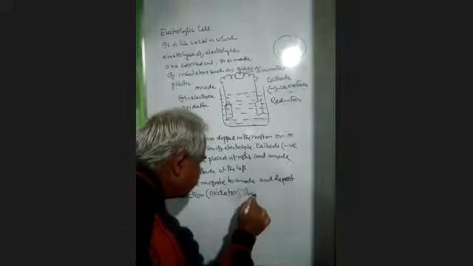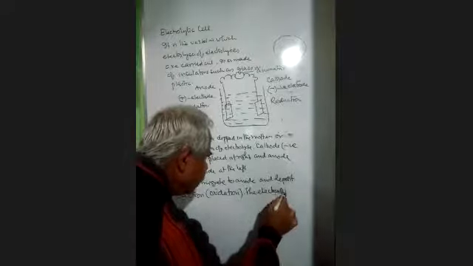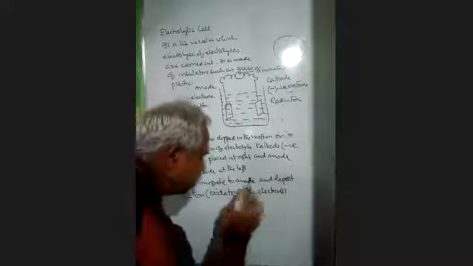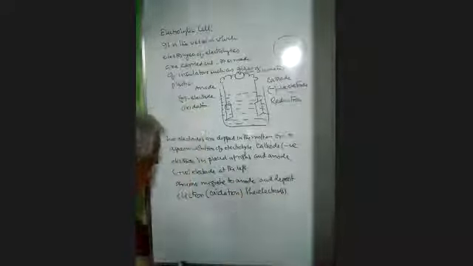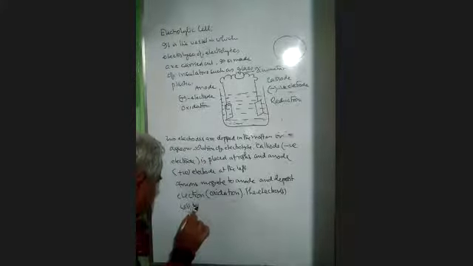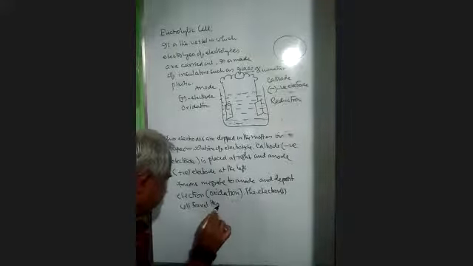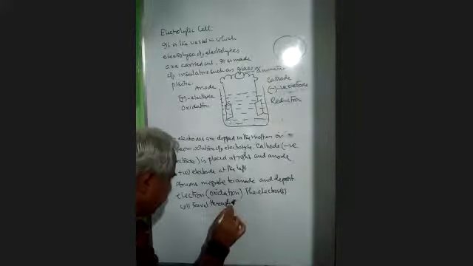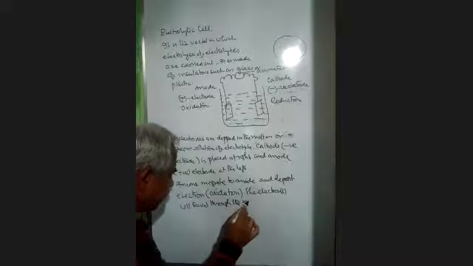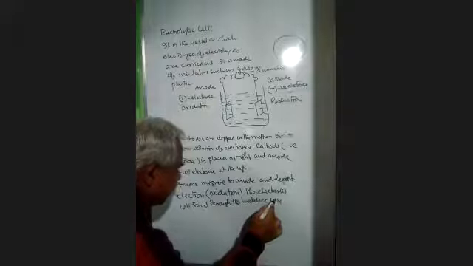The electrons, it will be one or two or more, so I put s in the bracket, will travel through the metallic wire.